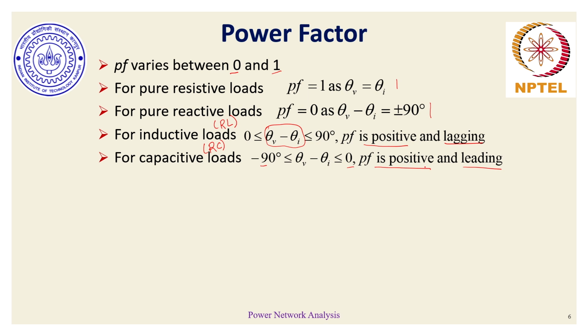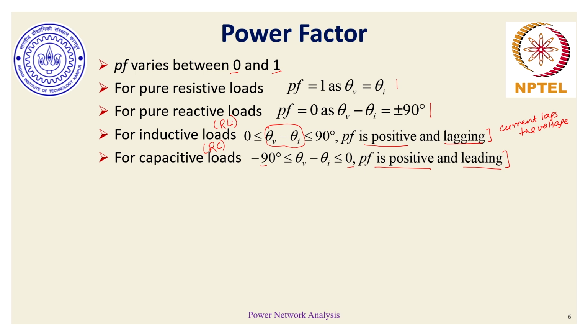To segregate whether this power factor refers to an inductive load or a capacitive load, the notions of lagging and leading also come in. Now, why do lagging and leading concepts come in here? We can correlate this with the fact that for an inductor, current lags the voltage. If it is a pure inductor, then current would lag the voltage by 90 degrees.